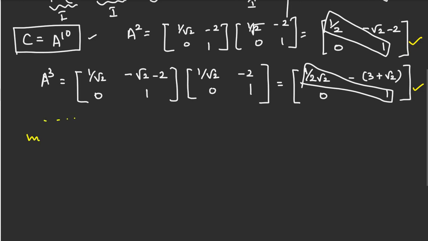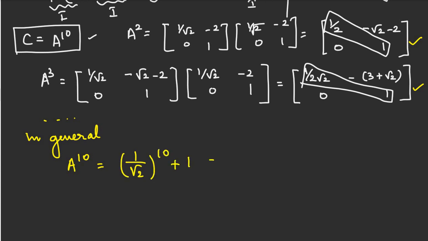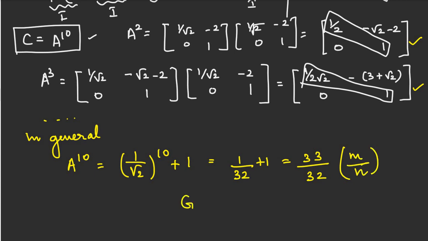Therefore, in general, we want A power 10. A power 10 will be equal to 1 by root 2 whole power 10 plus 1, which is equal to 1 by 32 plus 1, which is equal to 33 by 32, which is of the form m by n, where the GCD is equal to 1.